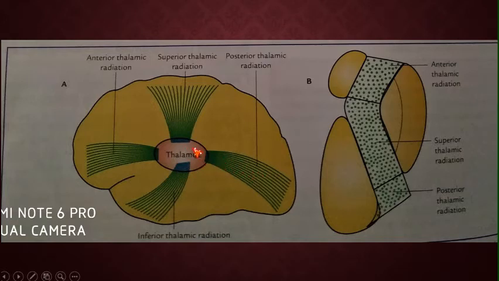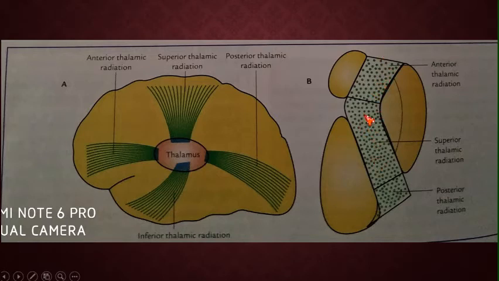Now, where exactly is this thalamic radiation present in the internal capsule? The fibers of the anterior thalamic radiation are directed anteriorly and connect the anterior and dorsomedial nucleus of thalamus to the frontal lobe cortex, occupying the anterior limb of the internal capsule.